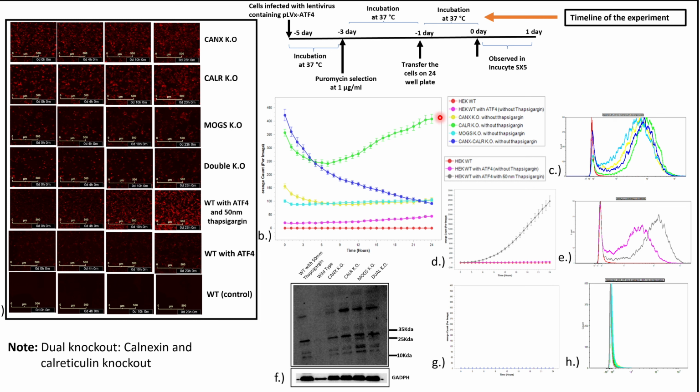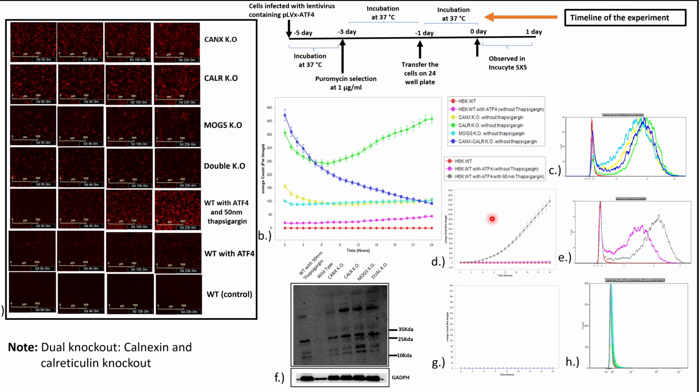The calreticulin has higher ER stress compared to MOGS and calnexin knockout, and this is aligned with our bioinformatic analysis. And this data is also verified with the help of flow cytometer. The calreticulin has higher ER stress compared to MOGS or calnexin knockout.